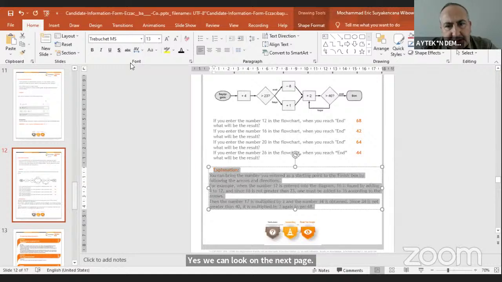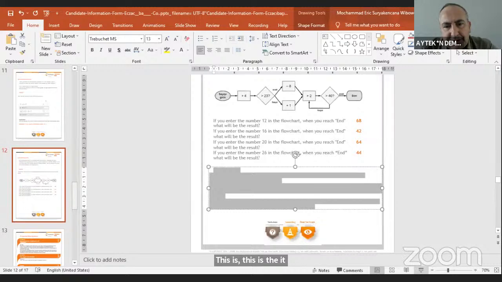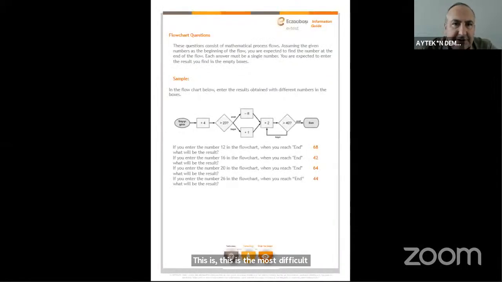This is, I think, the most difficult question in this part, in this guide. In the flow chart below, enter the result obtained with different numbers in the box.